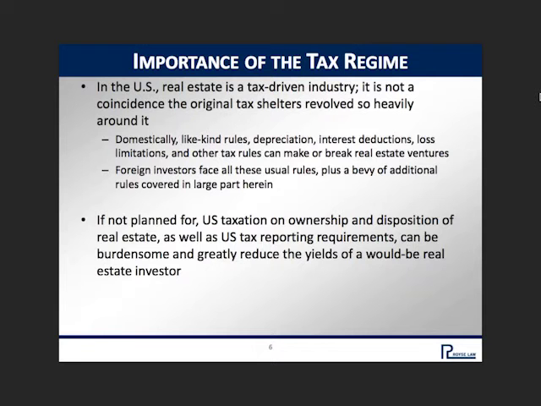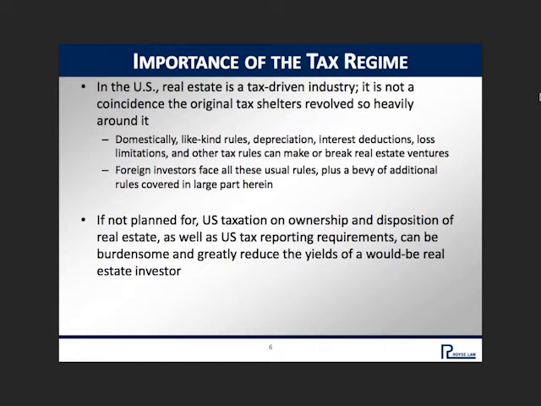It's very, very tax driven. If one doesn't plan for it properly, you can end up tripping into the 40% income tax or the 40% estate and gift tax, and that leaves a lot of money on the table. That, of course, has a significant impact on the yields you get from your investment.